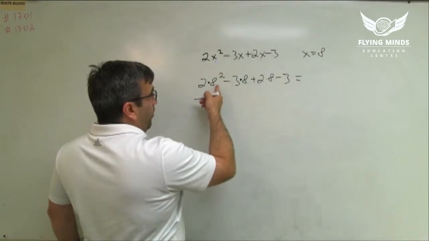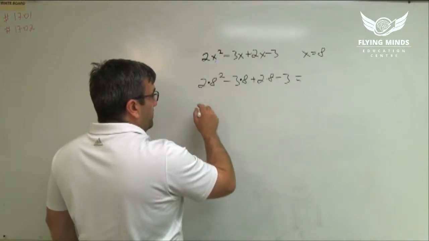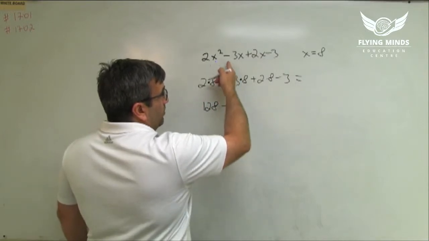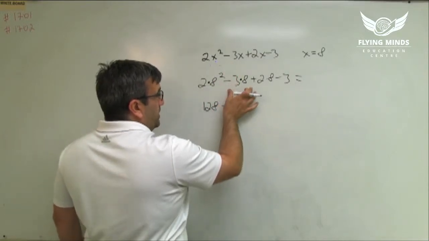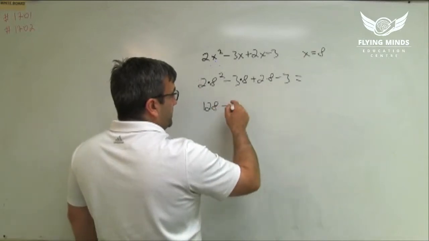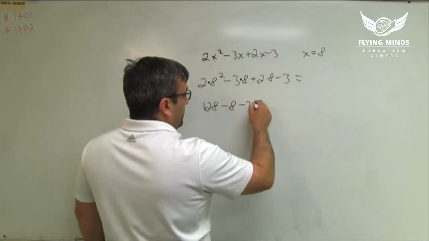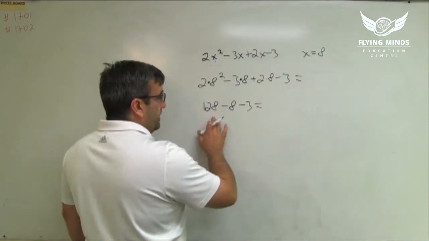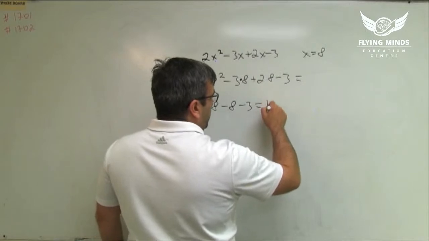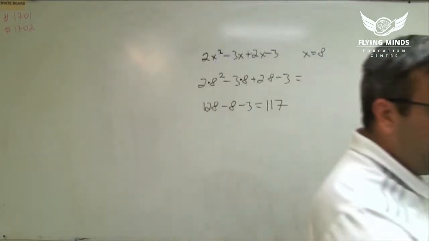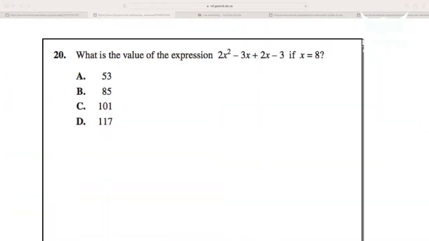So 8 squared is 64, times 2 is 128, minus 24 and plus 16. Negative 24 plus 16 is negative 8. So it will be 128 minus 8, 120. 120 minus 3 is 117. So the correct answer will be D.